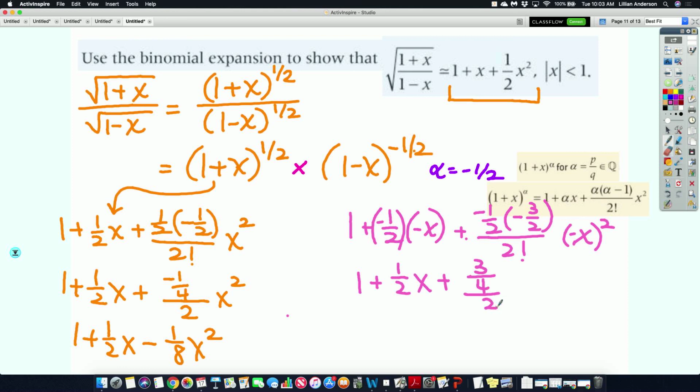And a negative x, that quantity squared becomes a positive x squared. And when I simplify that fraction within a fraction, 3/4 divided by 2 is going to become a what? 3/8. And we have successfully expanded the second orange parenthesis, the 1 minus x to the negative 1/2.